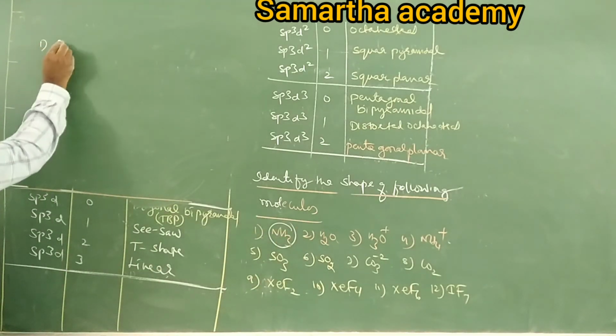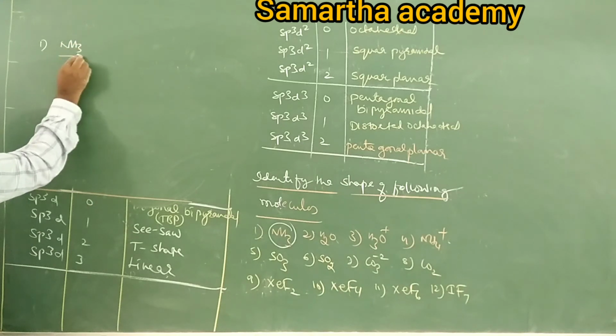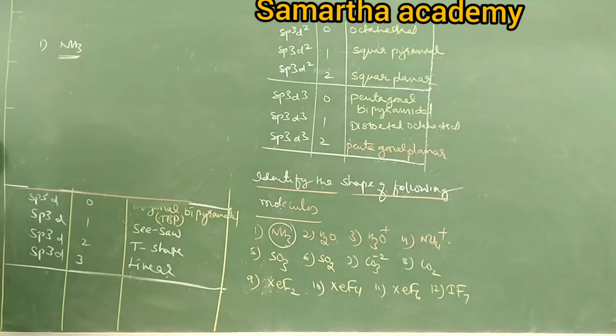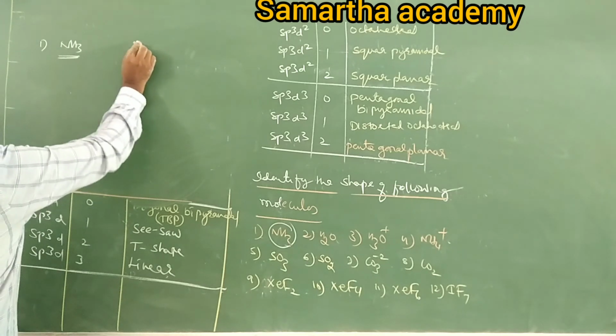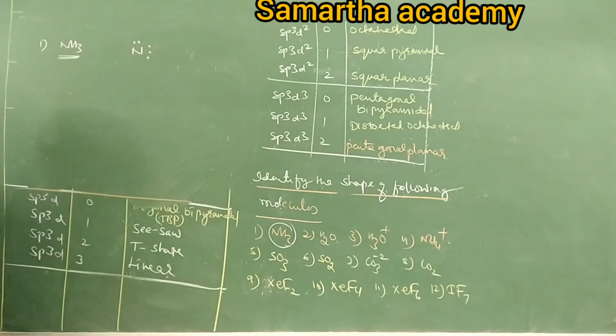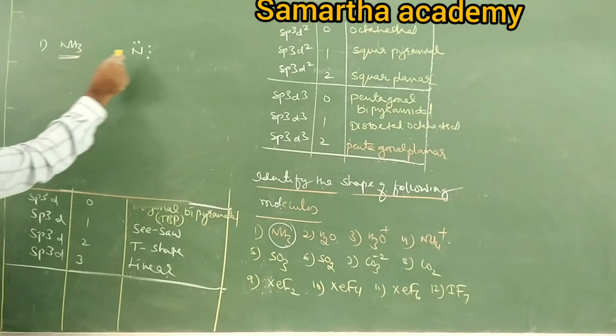Okay, right. So let's see the geometry or shape of these molecules. First one is ammonia. To identify the geometry or shape of the molecule, you need to first calculate the hybridization. This is the only method. So first identify hybridization. Nitrogen, the central atom, has how many valence electrons? Obviously 5, a 15th group element. Then there are 3 hydrogens.